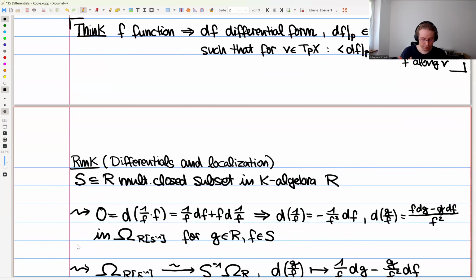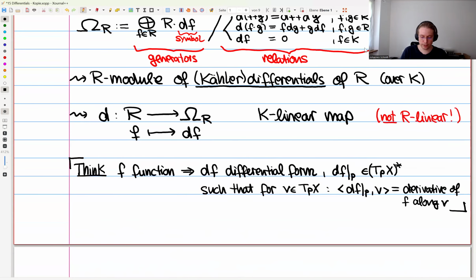And there is a very simple trick we can do. Namely, let's say we want to understand what is D of 1 over F. Well, the thing that we know is that 1 over F times F is 1, is a constant. And so its differential vanishes. This is one side. So here we use this third relation.